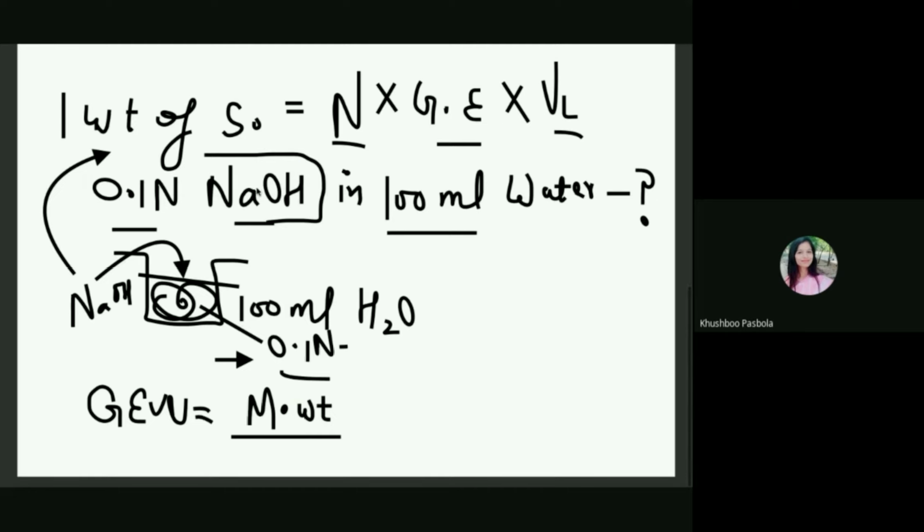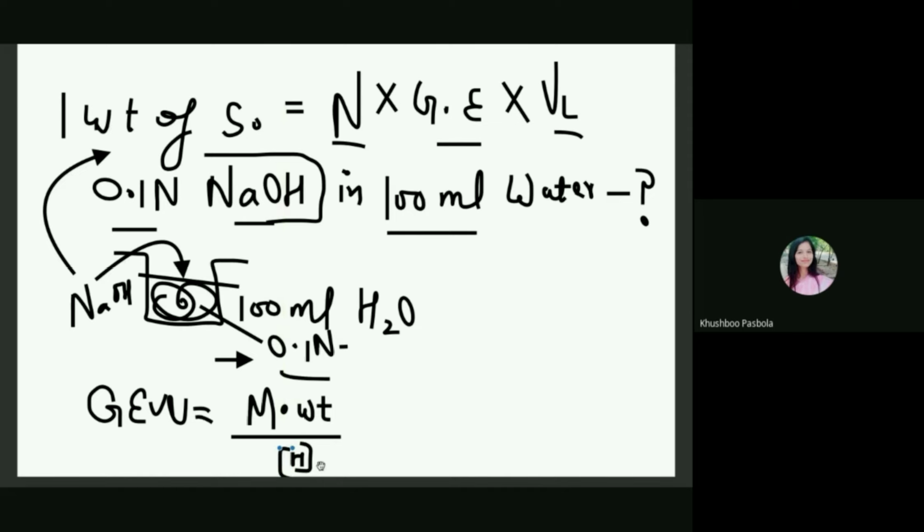So if we have a base with us, write down the concentration of the base here: how many OH are there in a basic molecule? And if we have an acid, then just consider the H ion concentration.